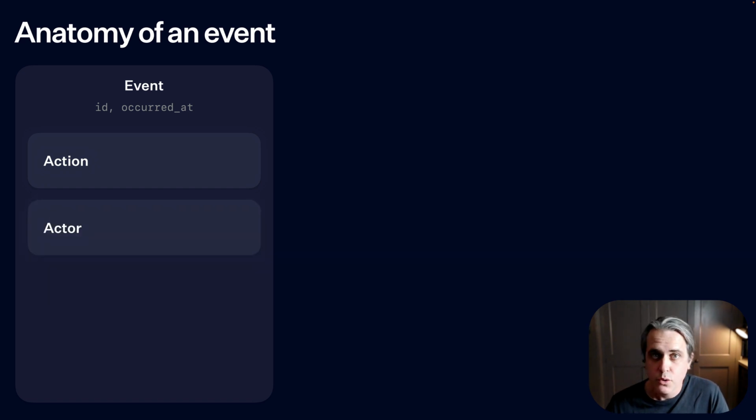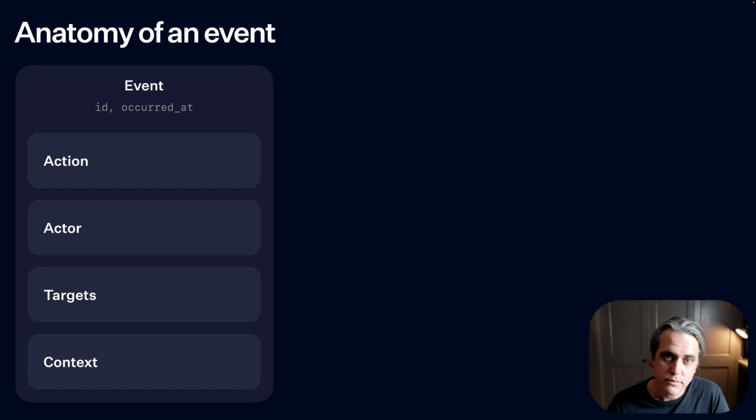The actor who triggered the event. The target, which could be one or many things associated with the event. This could be a user, a team, a set of users, and context. Context contains additional information about the actor's IP address and their user agent.